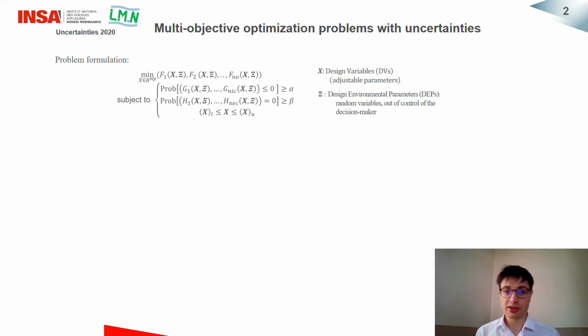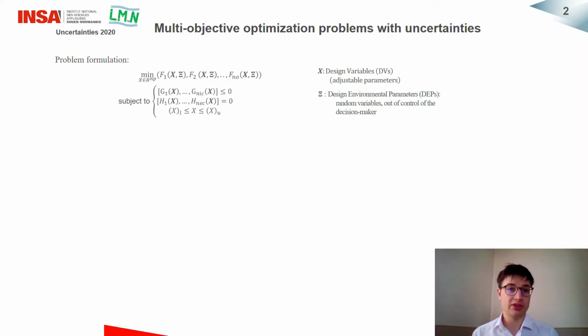And in this problem formulation, one must solve the constraints with respect to the probability of the violation of a given constraint. Our idea is to simplify this problem and solve it as a set of multi-objective optimizations, so that we can get rid of this notion of probability in the constraints.